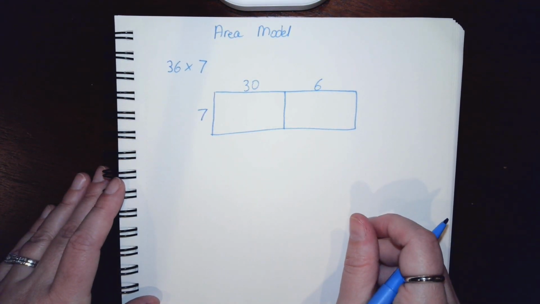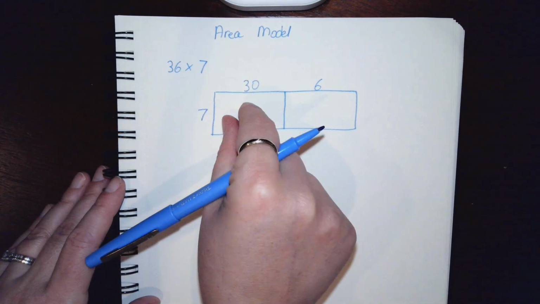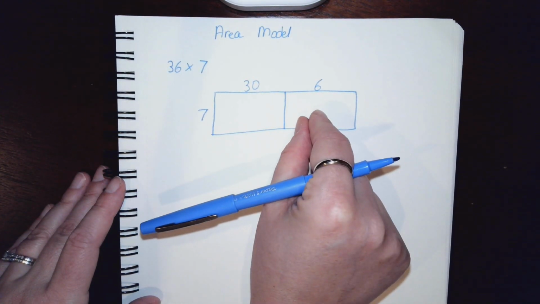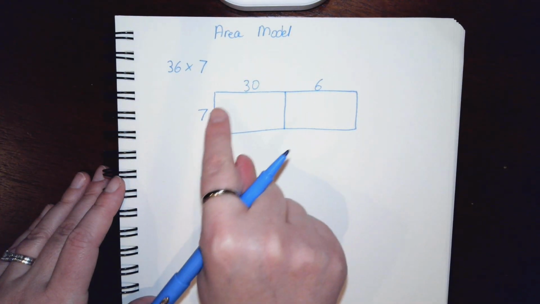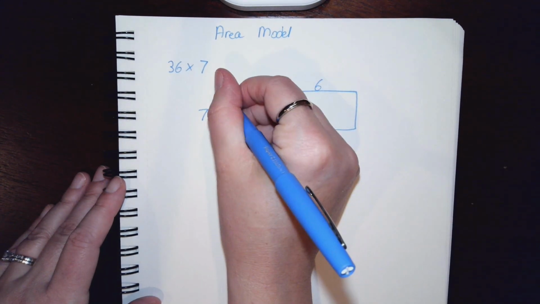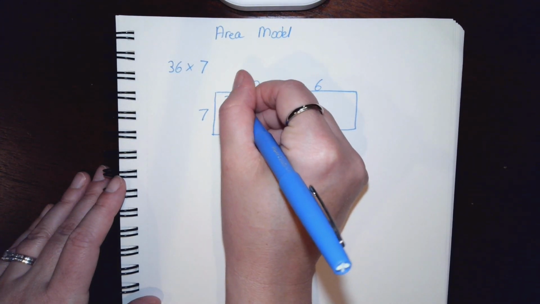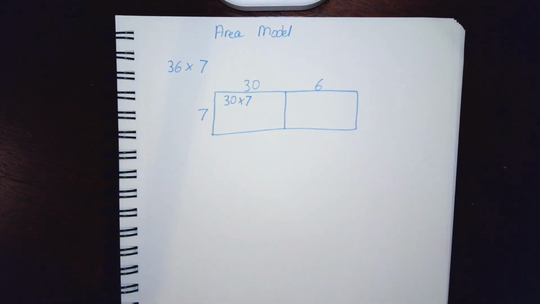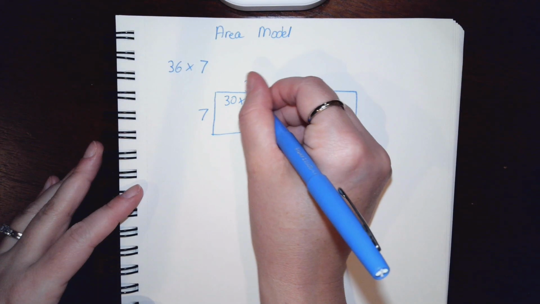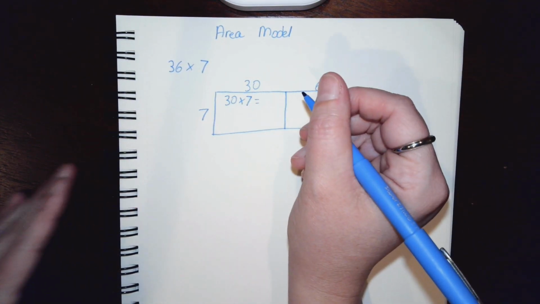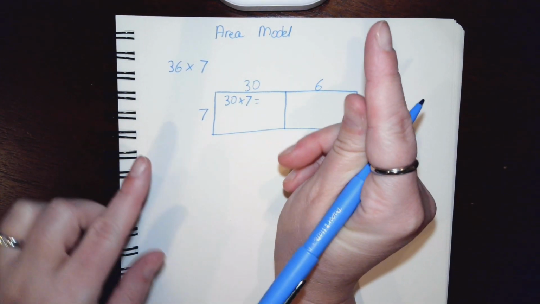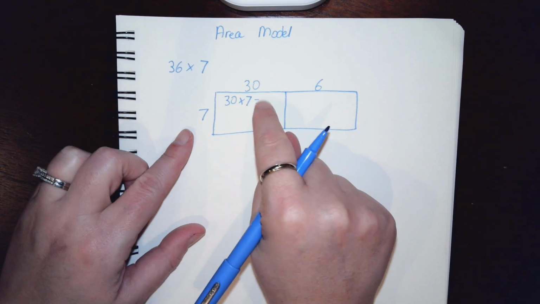Okay? So, in each of these boxes, I want to write the multiplication problem that I would focus on. So here, this first one, I'm going to do 30 times 7. Okay? And here in 30 times 7, I know you've done the lesson where you are focusing on multiplying by tens, right?